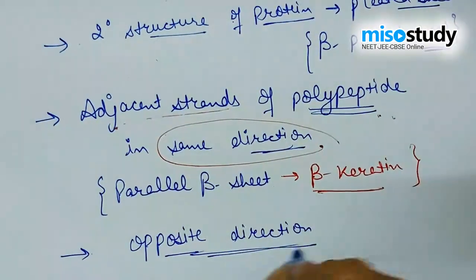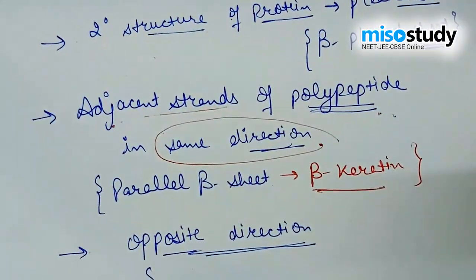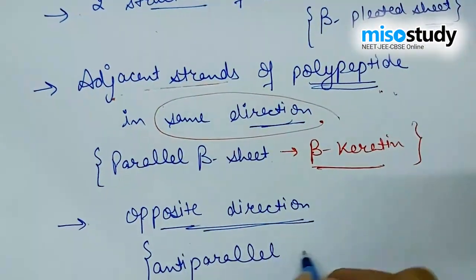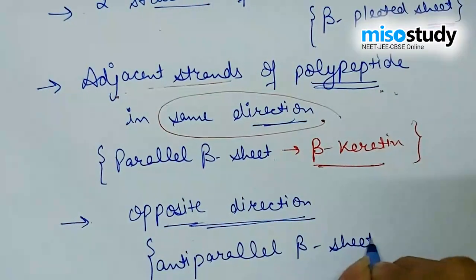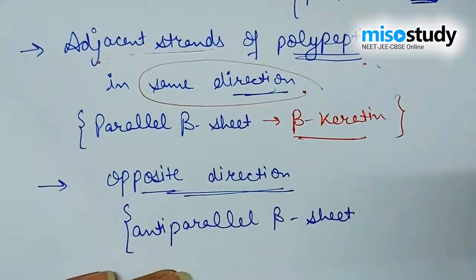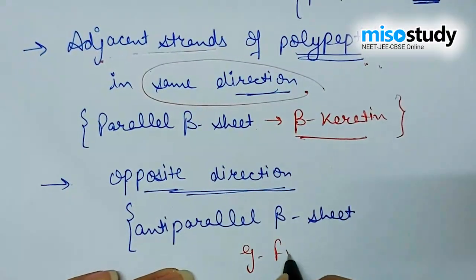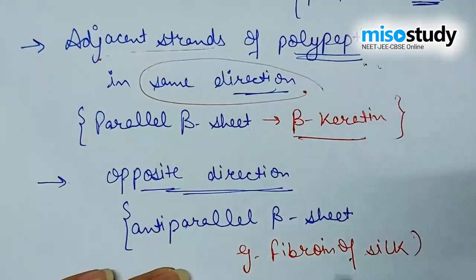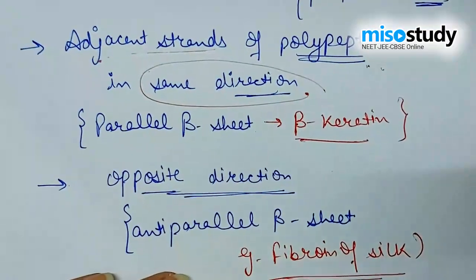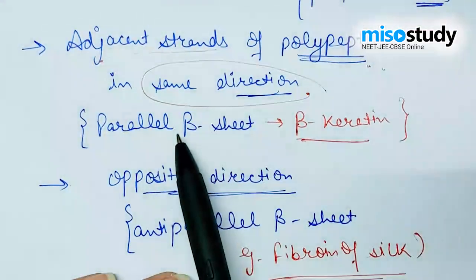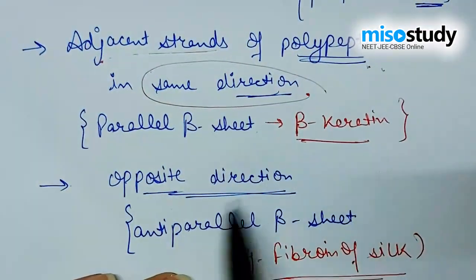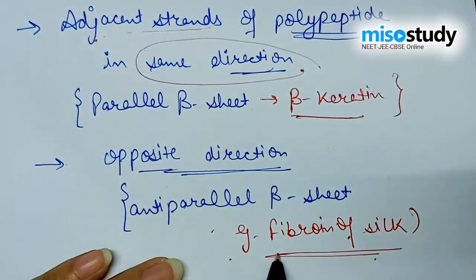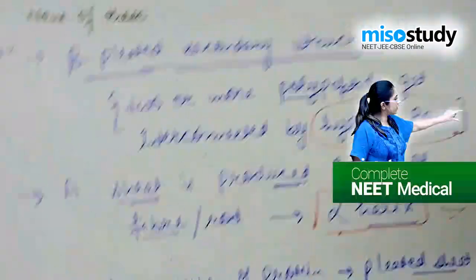Then it is known as an anti-parallel beta sheet, and the example of this is fibroin of silk. So here we get the two: parallel beta sheet is known in keratin, and the anti-parallel beta sheet in fibroin of silk.